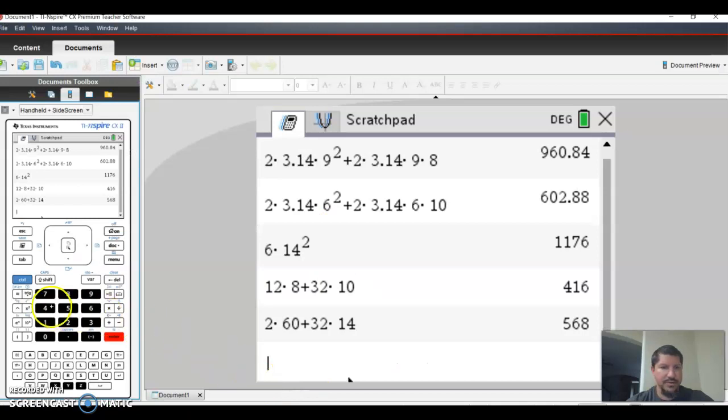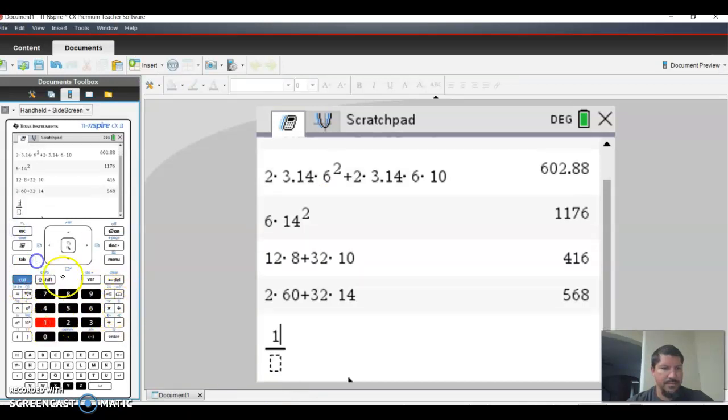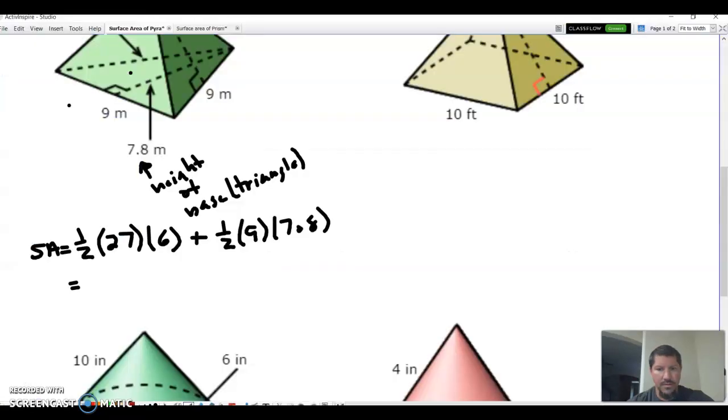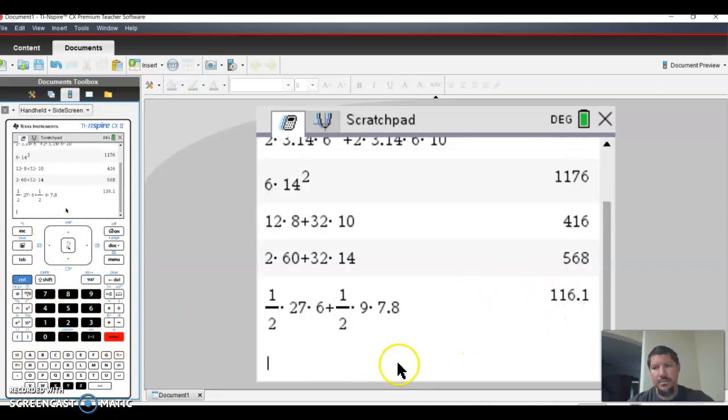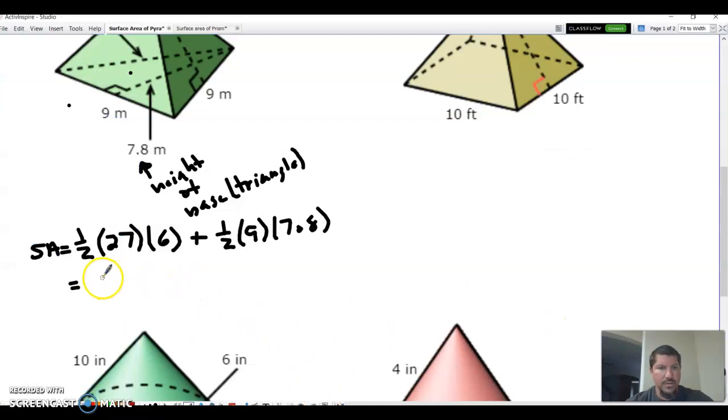So then this will go into your calculator. Put it in, you get 116.1 meters squared.